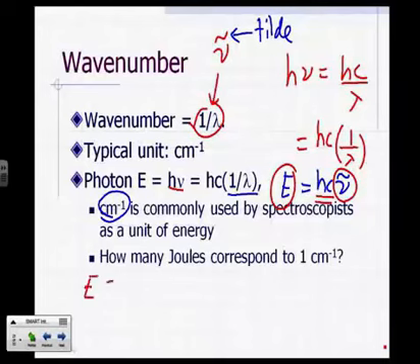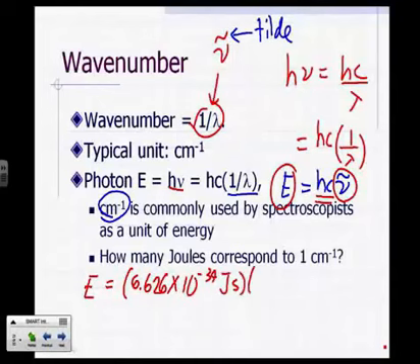So the energy for a photon that has a wave number of 1 would be what? h is 6.626 times 10 to the negative 34 joule seconds. The speed of light is 2.998 times 10 to the 8 meters per second.